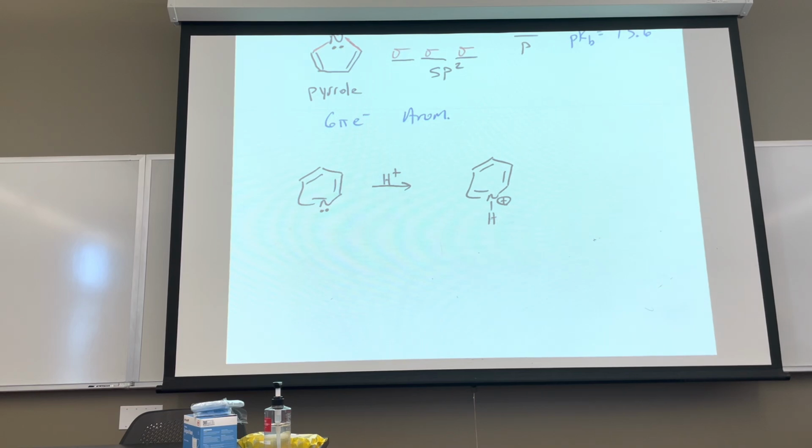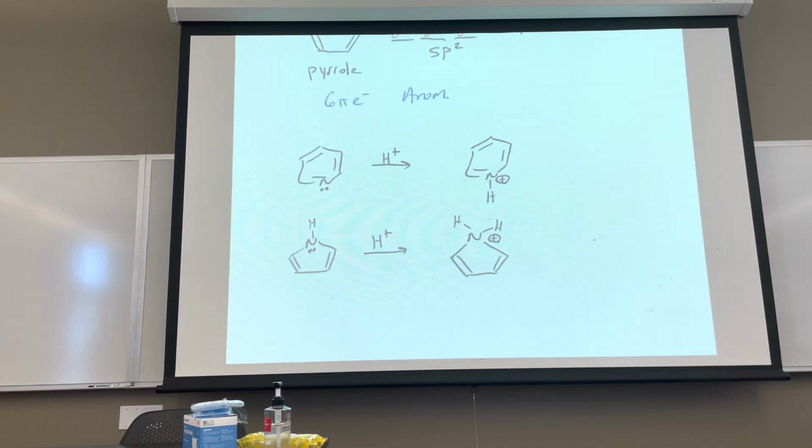Pyrrole is like that in its neutral state. If you protonate it, it looks like that. So we've already established that both of these heterocycles are aromatic in their neutral form.